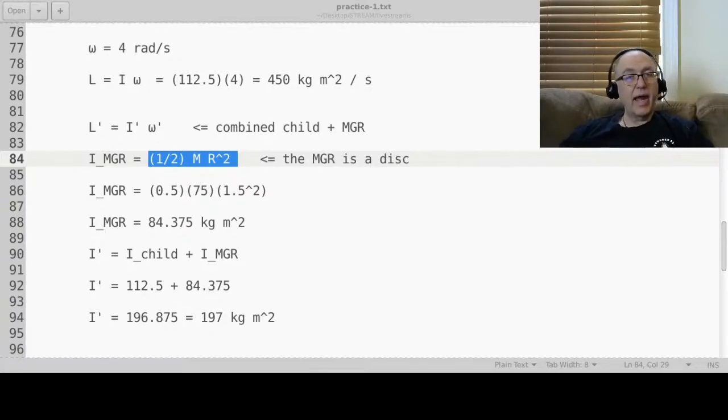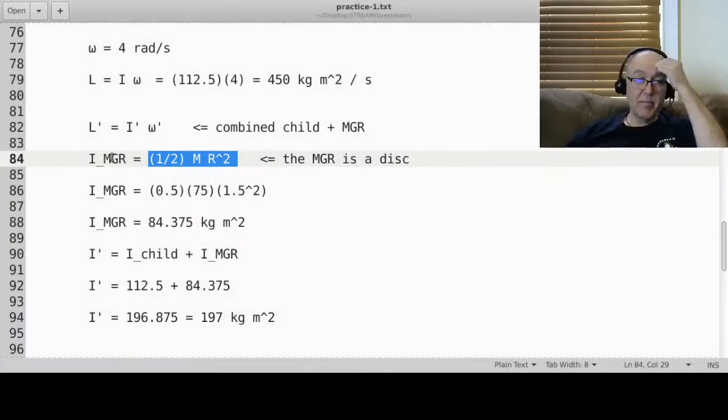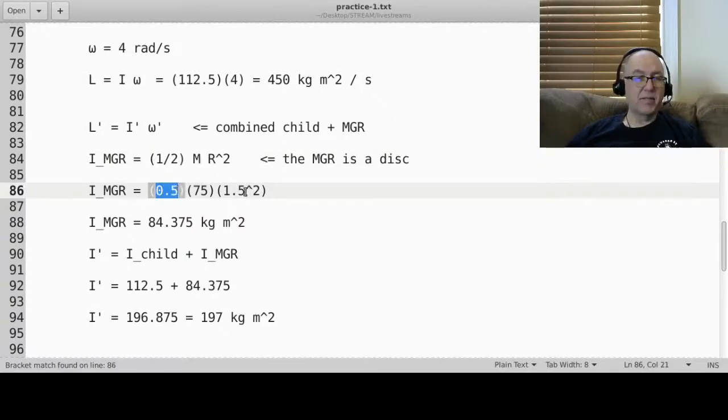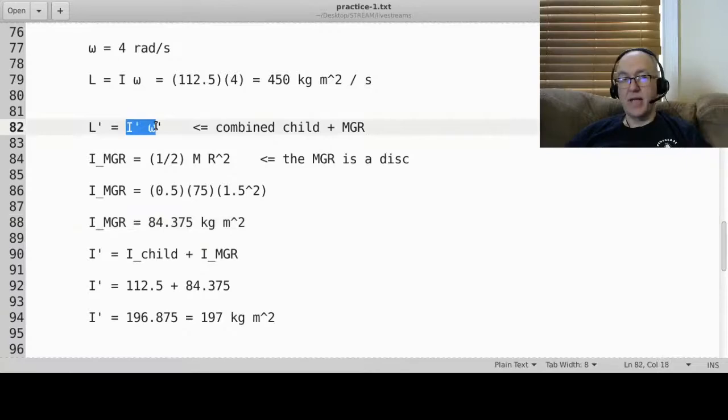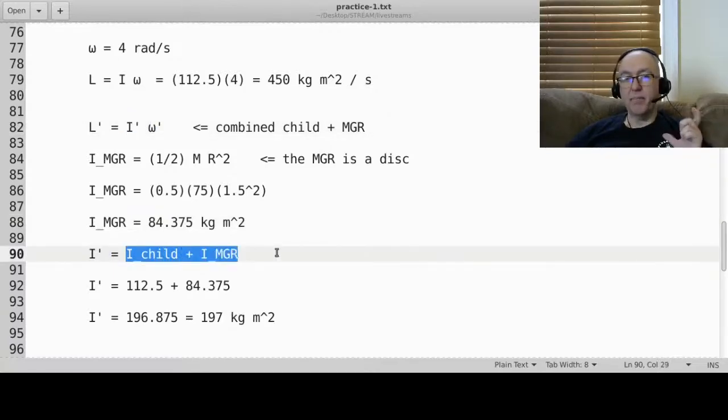For the merry-go-round, there's the half, that factor of half is because it's a disc. The mass of the merry-go-round was 75, and its radius is 1.5, and that turns out to be 84.375 kilogram meters squared.